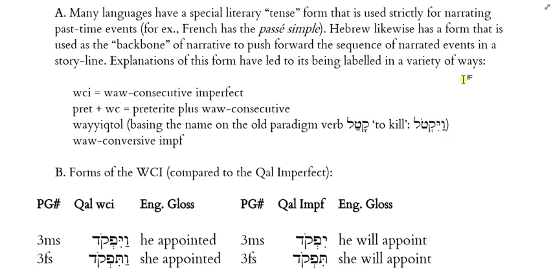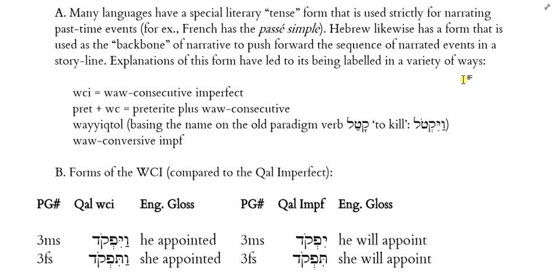And it creates what looks like consecutive action type of verb forms. So some have described this as a Vav consecutive imperfect. That's what I learned when I learned Hebrew, and I've just always kept the abbreviation WCI. Sometimes I'm tempted to drop it because it's not entirely 100% accurate.